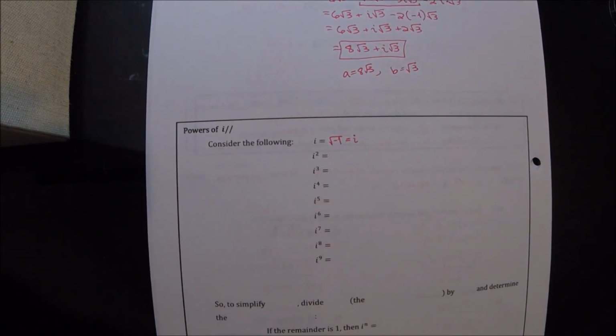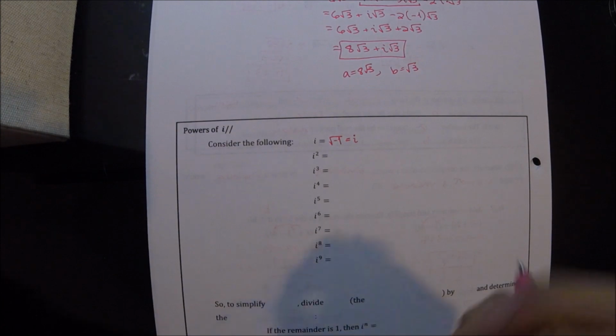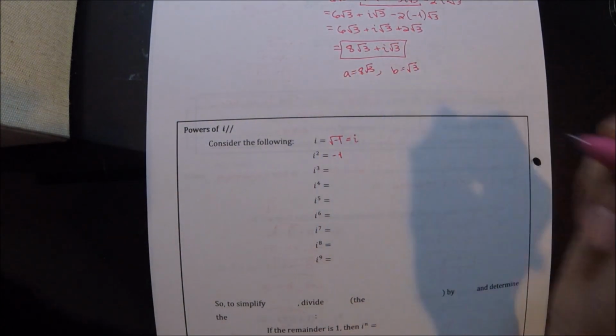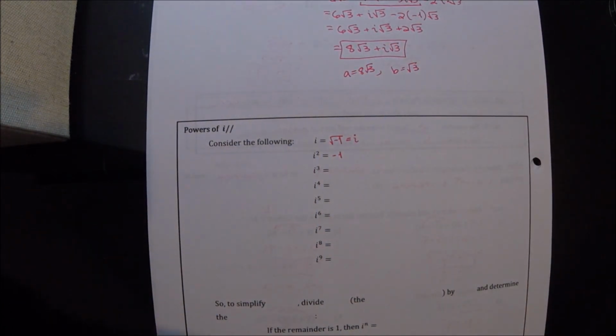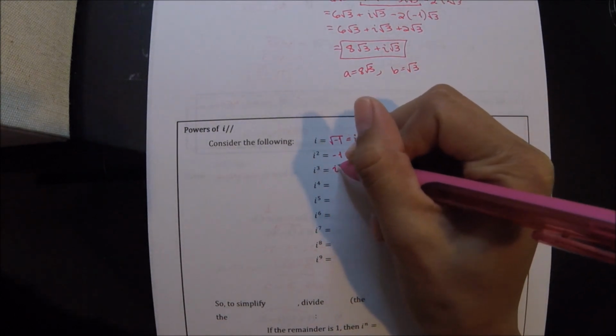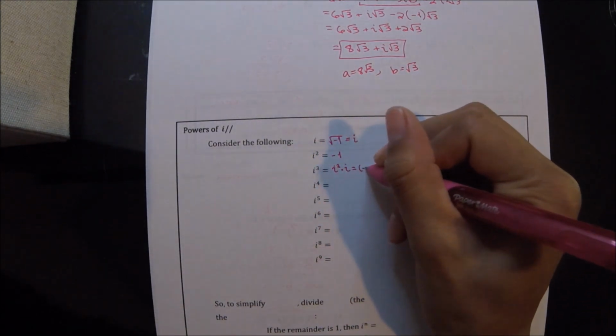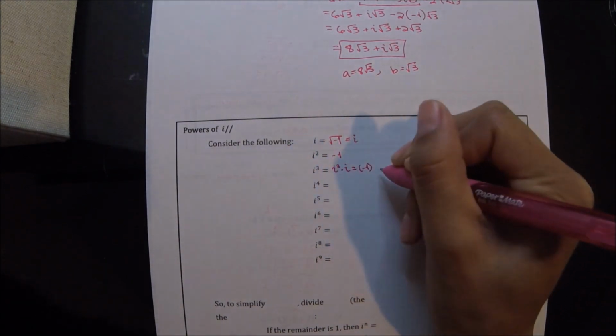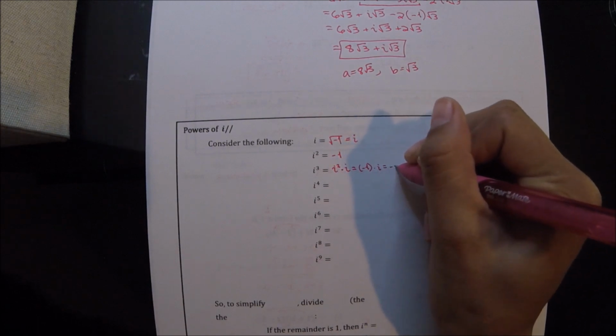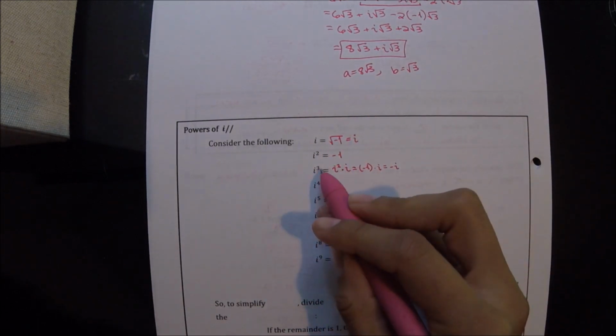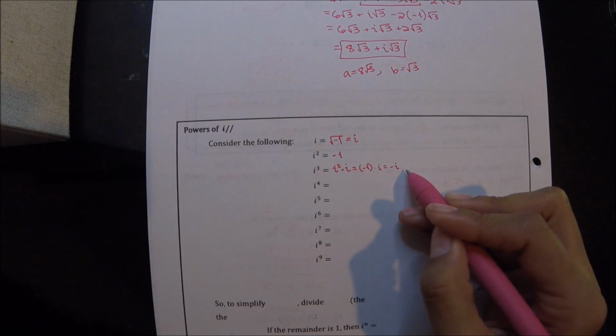Then i squared equals what? i squared is negative 1. And then i cubed, we could say that that's i squared times i. Well, i squared is negative 1 times i. So i cubed simplifies to negative i.